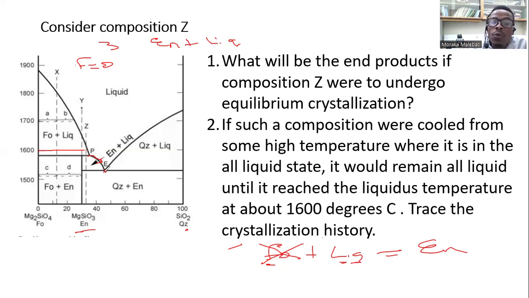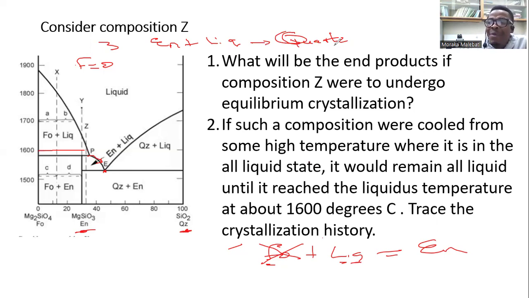But immediately when we reach here, remember we're between astatite and quartz. Then we're going to form a new thing, which is the quartz. I hope it makes sense, because the quartz starts to form at the eutectic point.